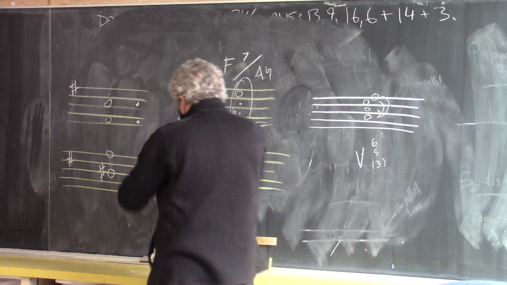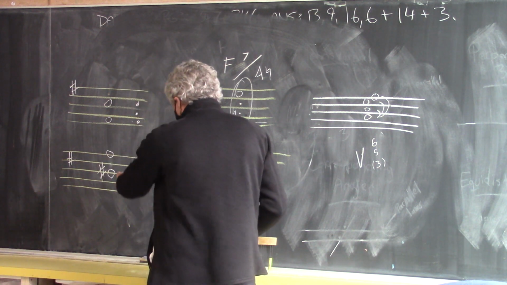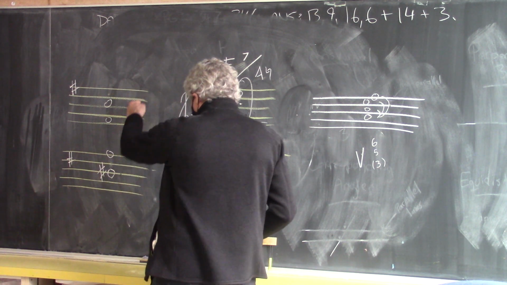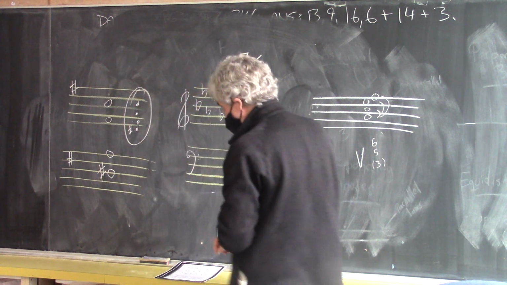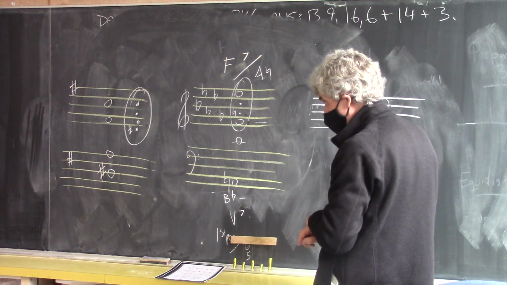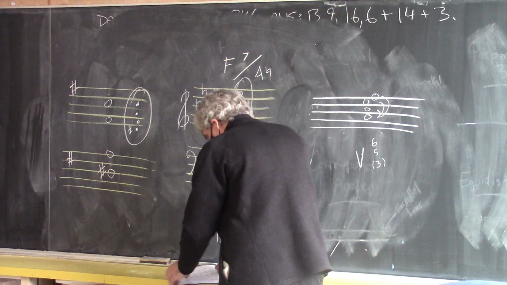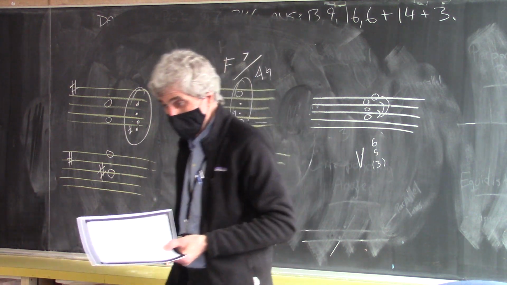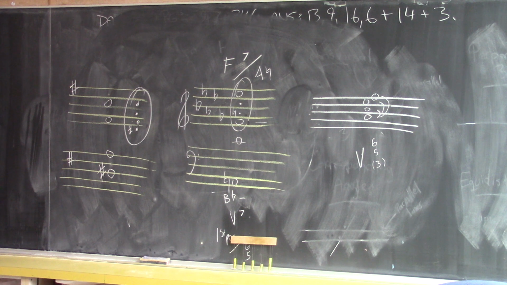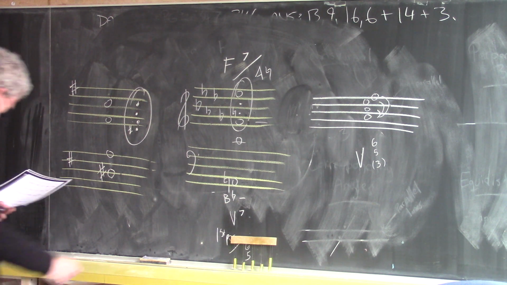This A can go right in the middle. And I need this guy on a space, so not up here, down here. So here's my chord: D sharp, F sharp, A, C. So, chord type, diminished or dominant? Diminished. Small minor thirds, right? D sharp, F sharp, A, C. So it's a diminished 7th.